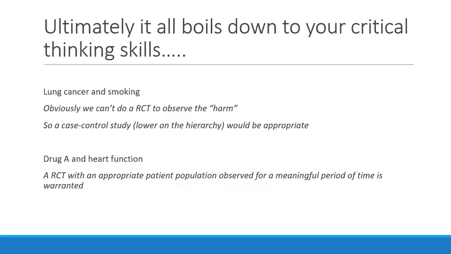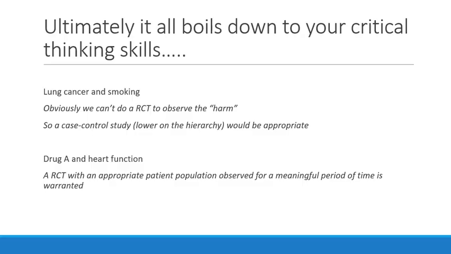Ultimately, critiquing something, it all boils down to your critical thinking skills, and putting into context the article. Sometimes an article can be lower on the hierarchy but be extremely valuable. For example, lung cancer and smoking.